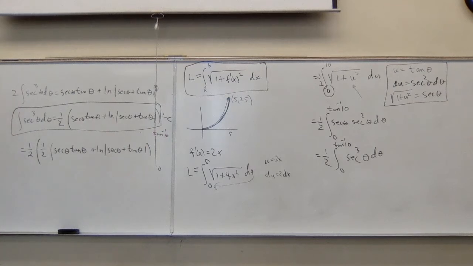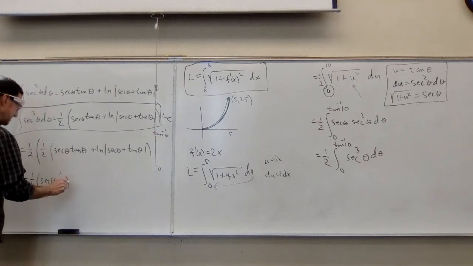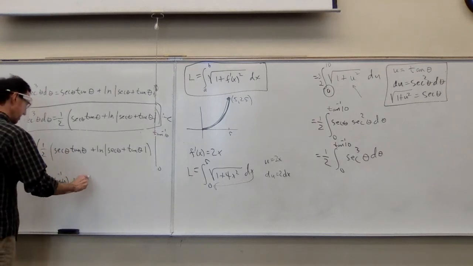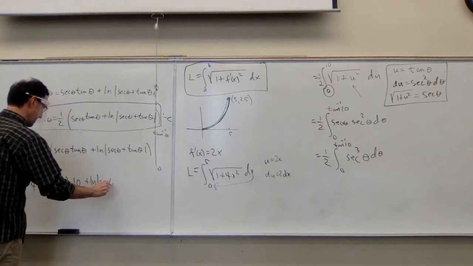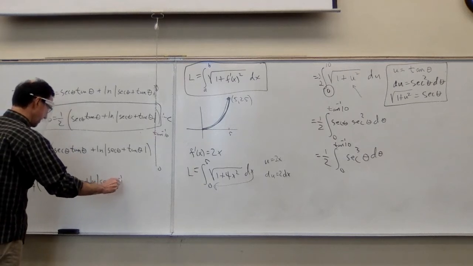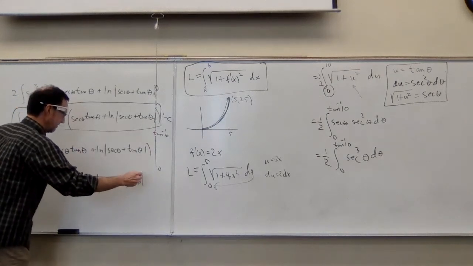Okay, 1/2 times 1/2 is 1/4. And then I get the secant of the inverse tangent. We're plugging it in. 10 times the tangent of the inverse tangent. That's just 10. Plus the log of the sum. That's 0, everything is 0.